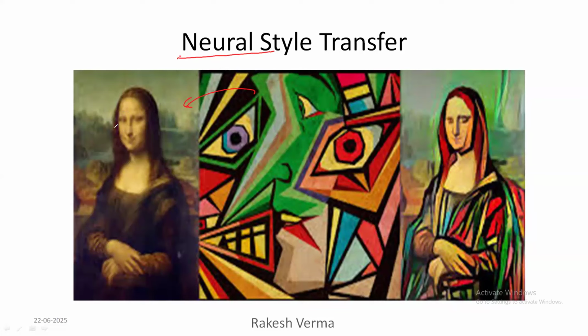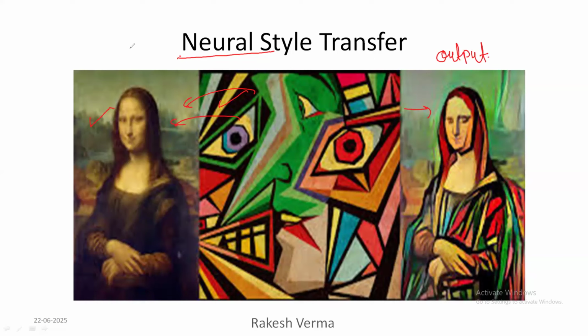So we consider this image as the input image, and we consider another image, and here we take the content or design of this image and put it into this image, and now we get this output image. So this is called neural style transfer.